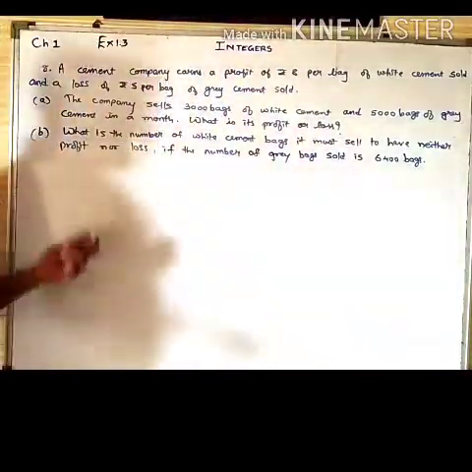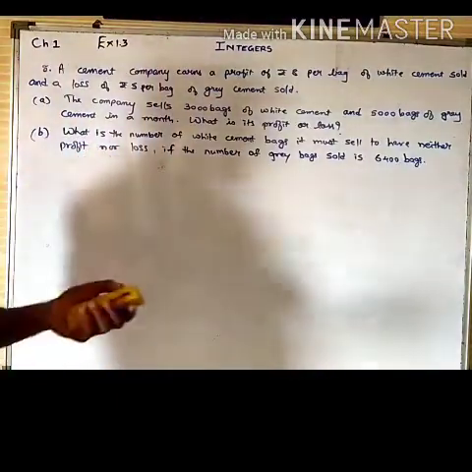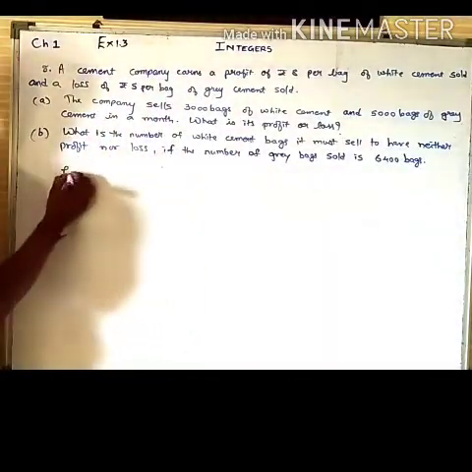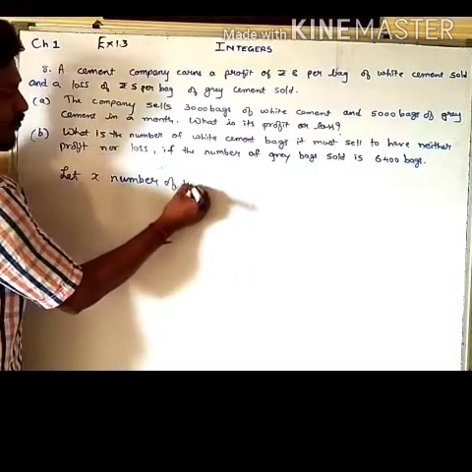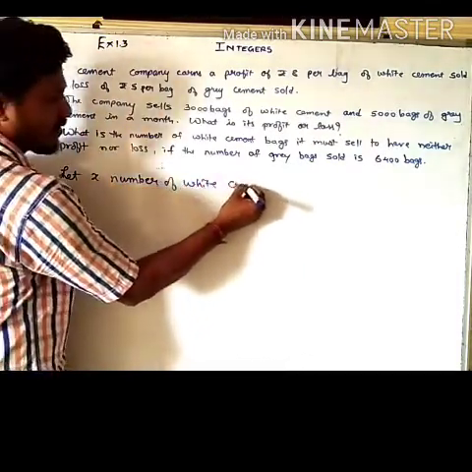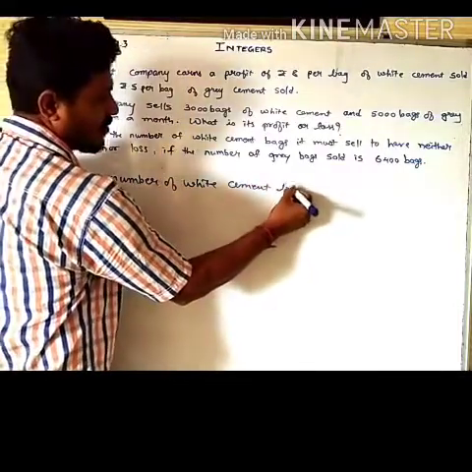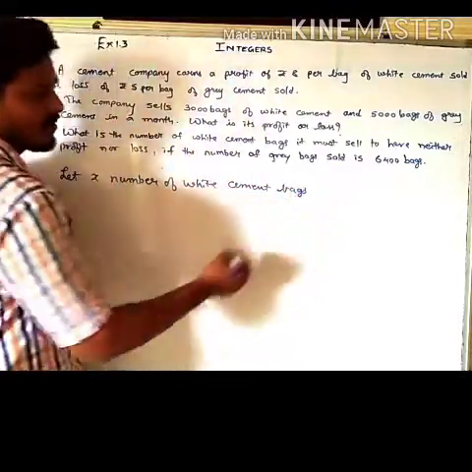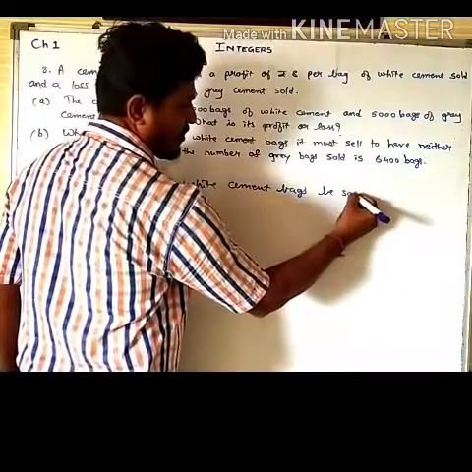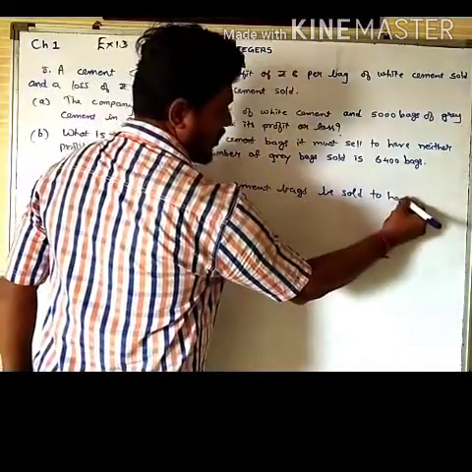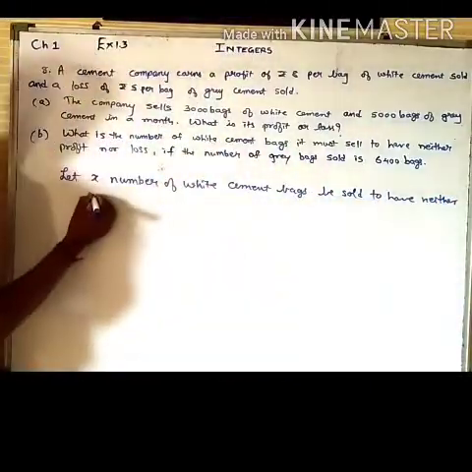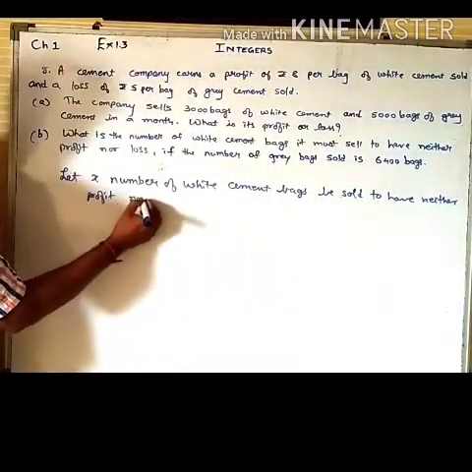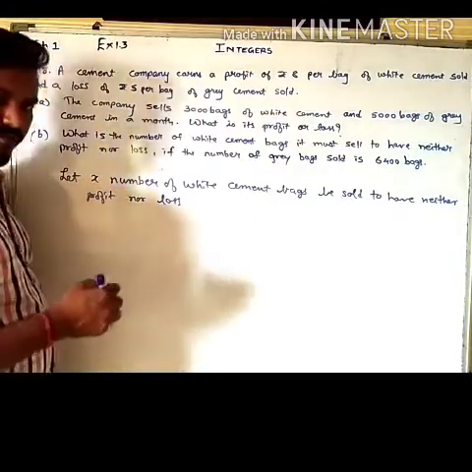Now we don't have the number of white cement bags sold. So what will we write? We will suppose that X number of white cement bags be sold to have neither profit nor loss.